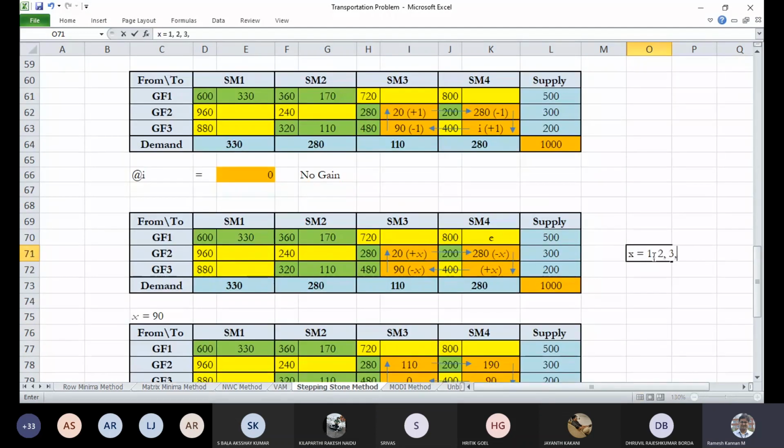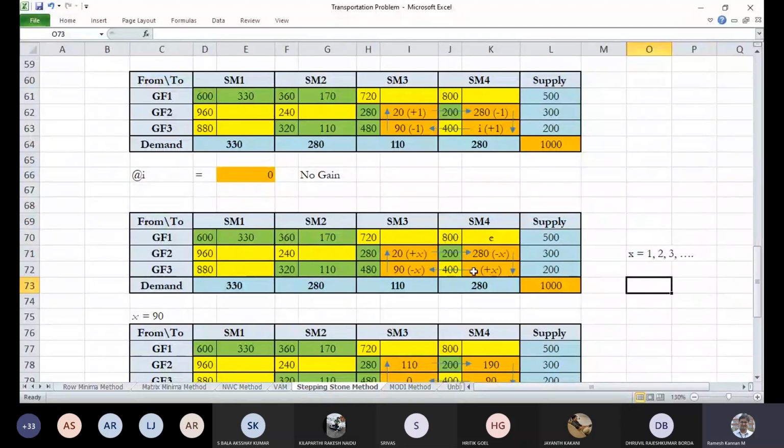So I can provide any positive number for x such that one of these cells will become 0 and the other ones will remain positive. So that's an iterative process, the way the stepping stone algorithm works. So we're going to try to do that.